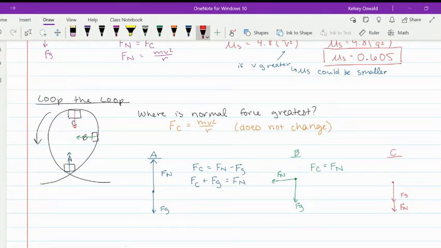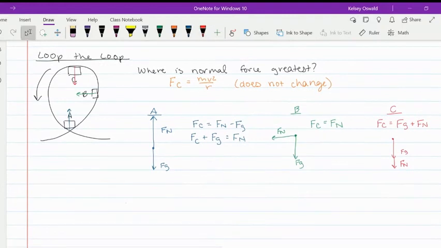So since we have two forces pointing down, or towards the center of our circle, here our centripetal force will be equal to our force of gravity plus that normal force, since both forces are pointing in the direction of that centripetal force, or in the direction of our acceleration. So here, if we wanted to solve for our normal force, it'd be our centripetal force minus our force of gravity is equal to that normal force.